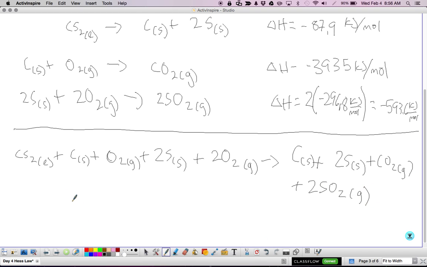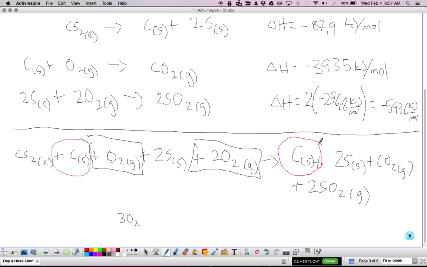All right. Now, let's look at some stuff, okay? Let's treat this as a mathematical operation. I have 1 oxygen here, and I have 1 oxygen here, okay? So, obviously, that's going to combine to form 3 oxygens. I'm going to switch colors here. I have a carbon here, and I have a carbon on the product side.